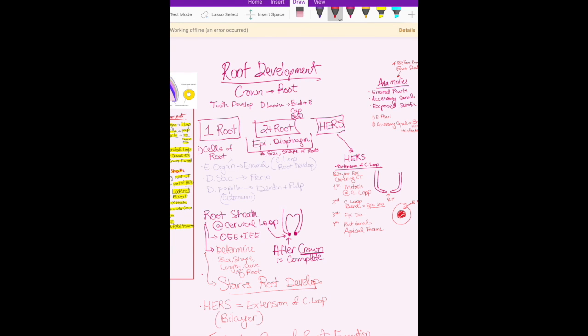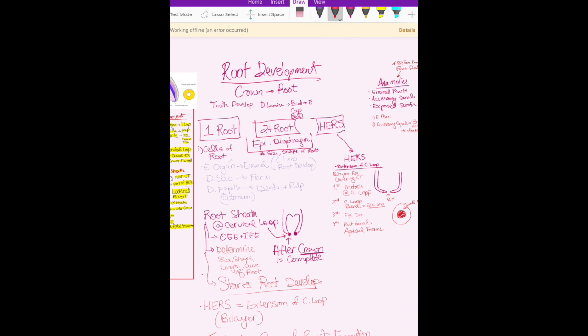Dental sac cells migrate through those cell rests of Malassez, contact dentin, and lay down cementoblasts. Cementoblasts make cementoid, which is your collagen and GAGs. With the help of hydroxyapatite, they start laying down cementum, which also starts the PDL fibers. The only thing that differentiates what forms a single root and multi-root is basically the epithelial diaphragm.